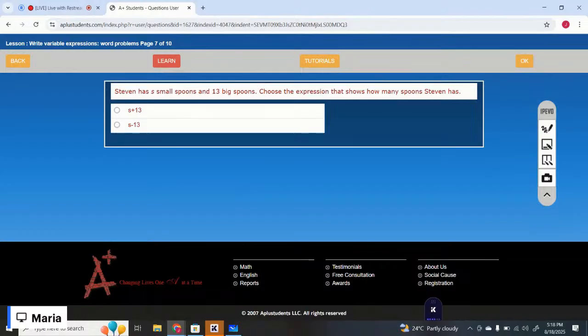Steven has S small spoons and 13 big spoons. Choose the expression that shows how many spoons Steven has. So which is the correct option?